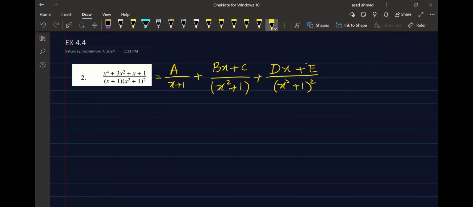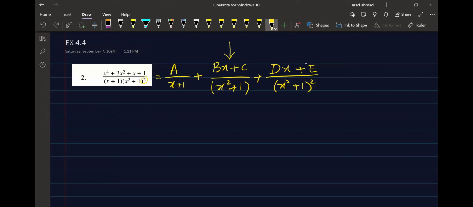Because it contains the highest power 2 right here in the denominator, a quadratic factor or a part in the denominator with higher powers. So whenever higher powers of quadratic terms are there, we break up the fraction in this form.